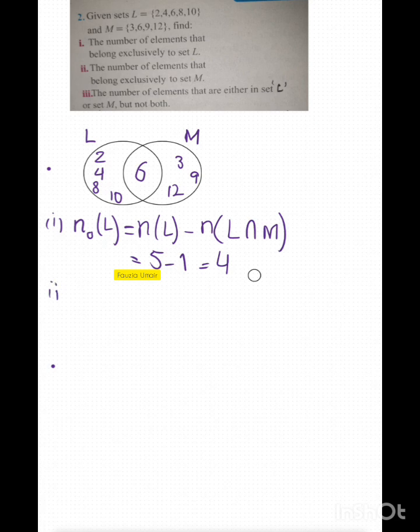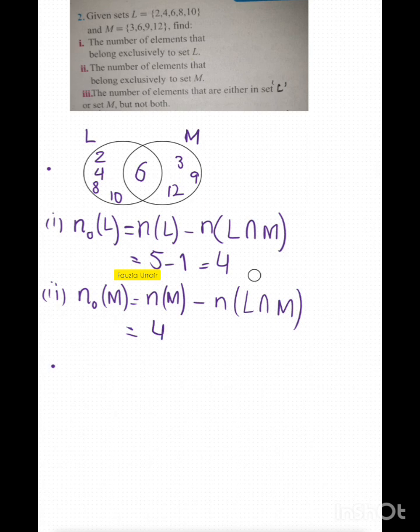Moving on to the second part. With a similar method, n of M is equal to number of elements in set M minus number of elements in set L intersection M. So number of elements in set M are 4, minus 1, so we have 3 elements which only belong to set M, or which are exclusive to set M. The third part is the elements which are in either set L or set M but not in both.